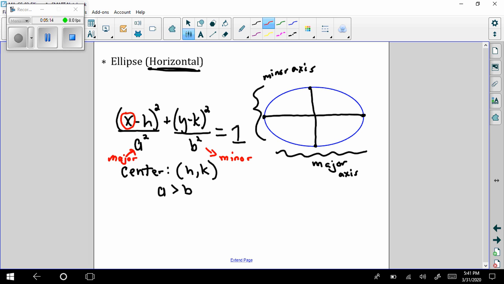So you always look for which term is the largest, and wherever the a squared is tells you whether this is a horizontal ellipse or a vertical ellipse. So a squared is under the (x minus h) squared, so the major axis is horizontal.